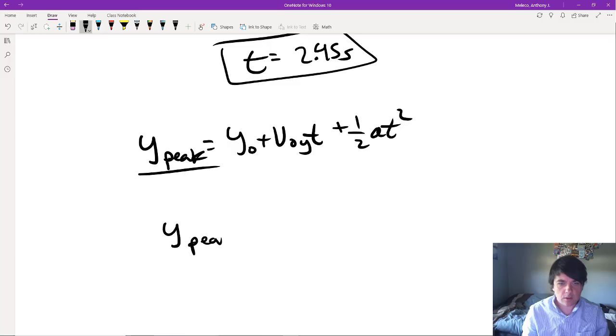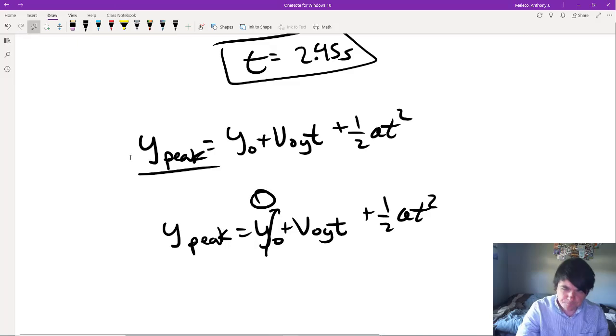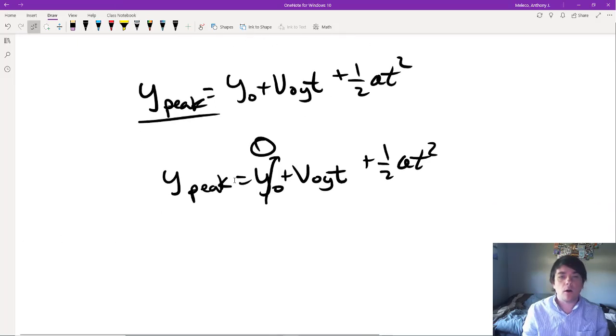So y peak equals y initial plus v naught y t. We're going to have to solve for v naught y, plus 1/2 a t squared. So y initial actually is 0. And then v naught y, let's go ahead and solve for that now. Sorry.